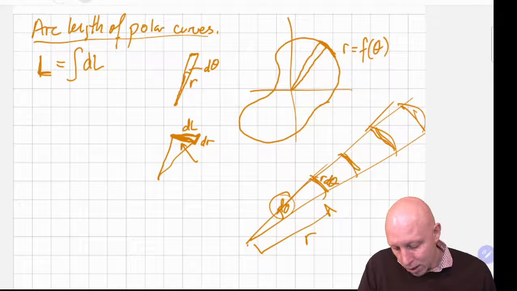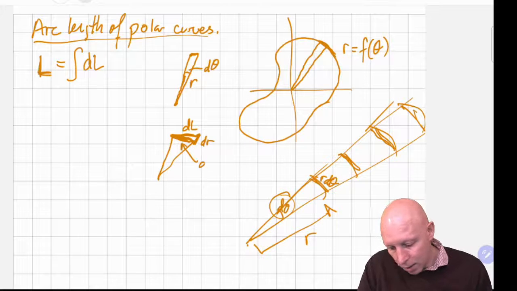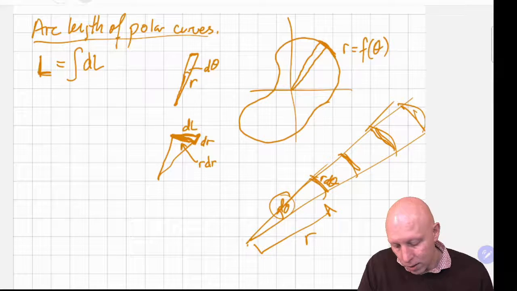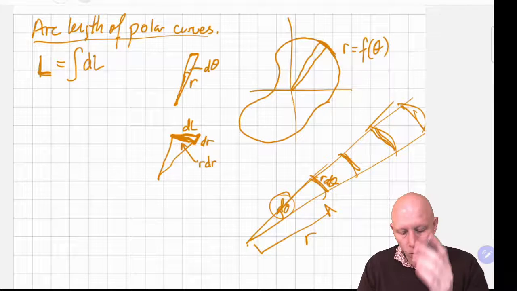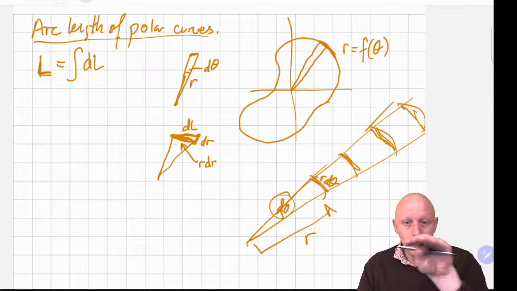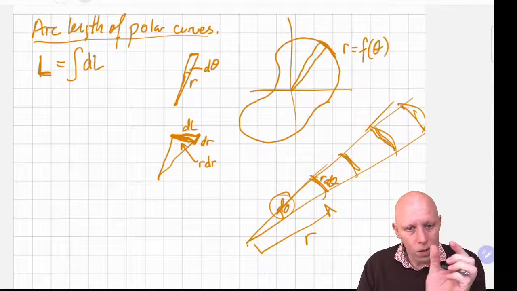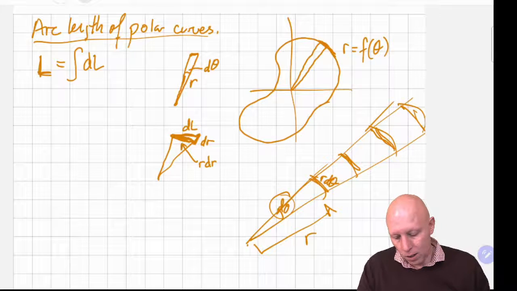So in our Pythagorean triangle, the sides of the triangle are dr for the distance away from the origin, and r d theta for the horizontal distance.